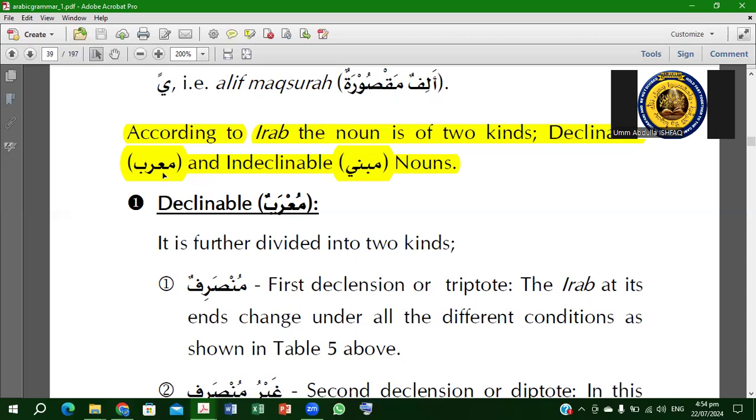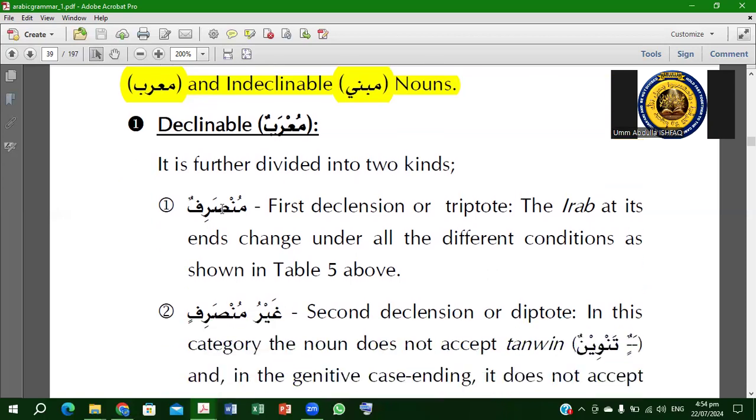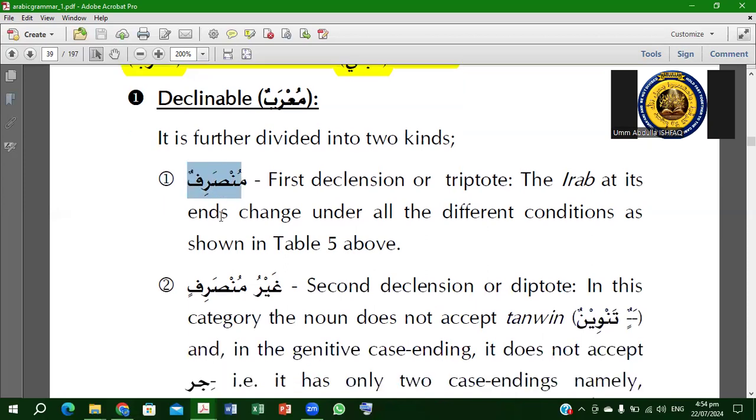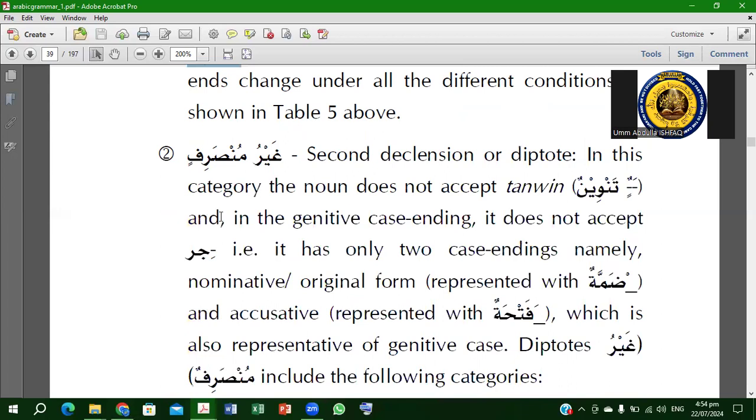So in Mu'arab, those who change, also there are two types, right? One changes completely, all three harakat different, but some change only from Dhamma to Fatha. They don't change into Kasra. So those who are fully changeable, all three forms different, they are called Munsarif. And those who just change from Dhamma to Fatha and not Kasra, they are ghair munsarif, right?